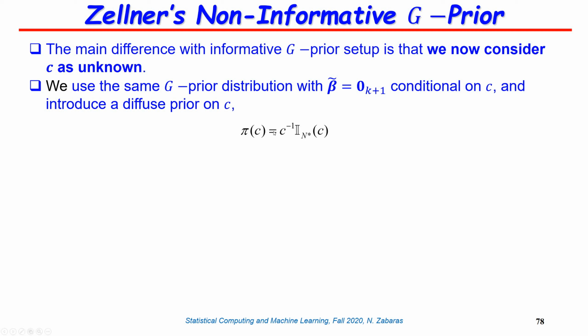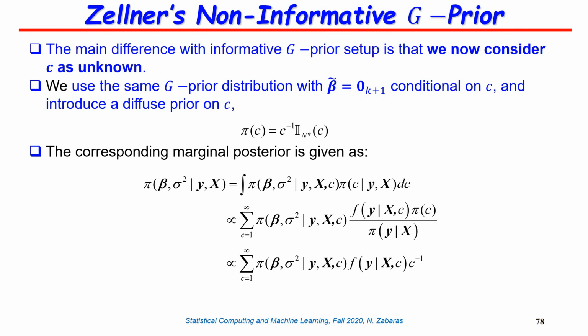The prior that I'm going to put on C is 1 over C. That's the more general form for this prior. So in deriving the posterior for the parameters beta and sigma squared, I am going to have to integrate C out.